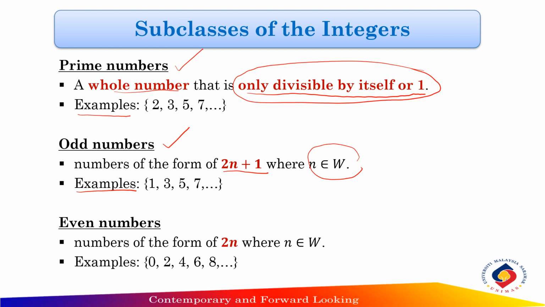And then we have even numbers. So numbers of the form 2n, 2 times n, where n is an element of whole numbers. So for example, 0, 2, 4, 6, 8, and so on.